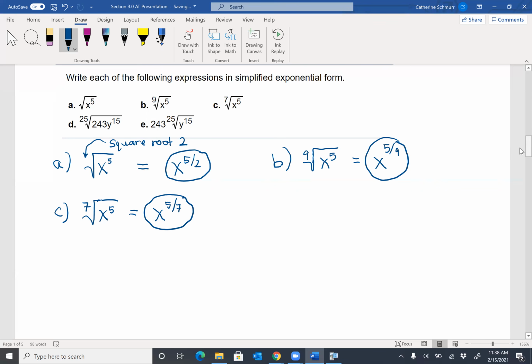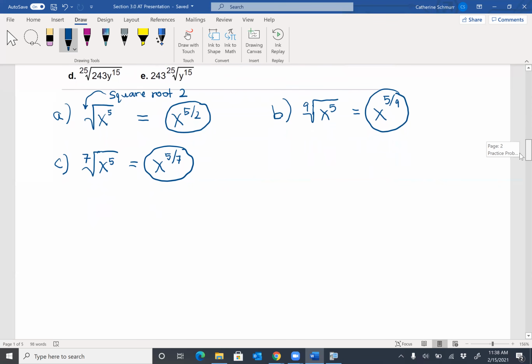Now part D and E are the ones that I get a lot of questions on. So what you are being asked to do by MyLabs Math is break this down into the most simplified version.